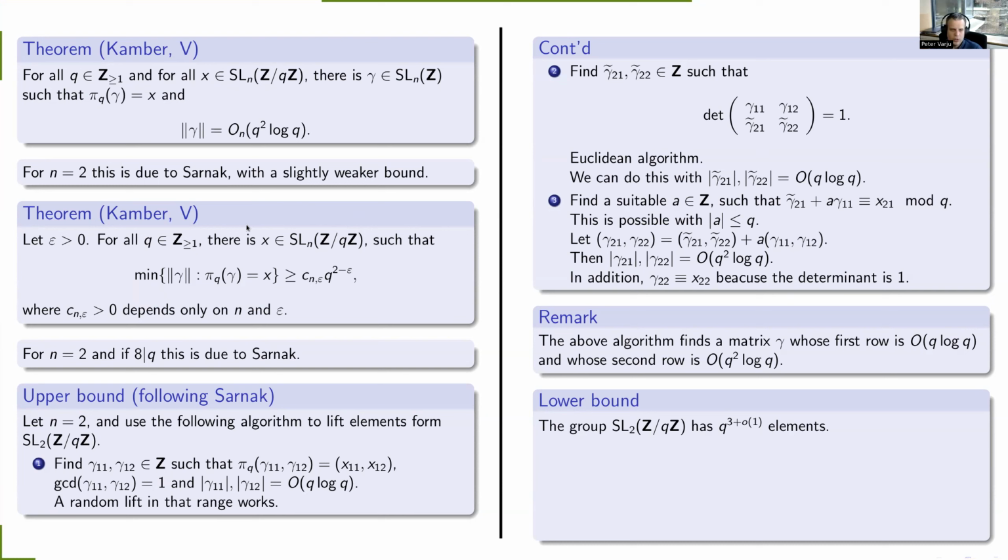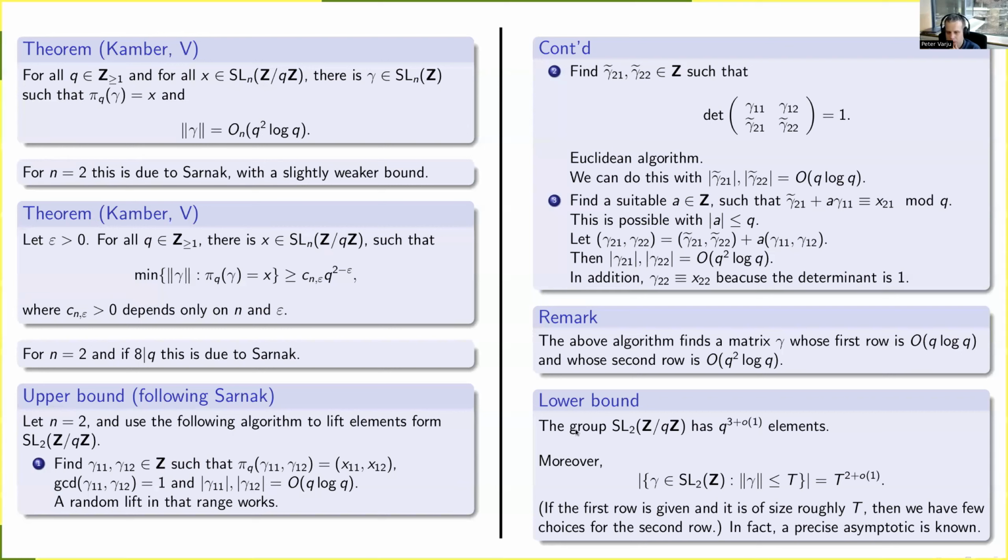And then you can also count how many integer matrices you have of determinant 1 if you bound the size of the coefficients. And if you play these two things against each other, this is going to give a lower bound on how big the entries need to be. And you can do this calculation. So SL_2(Z/qZ) has roughly q cubed elements.